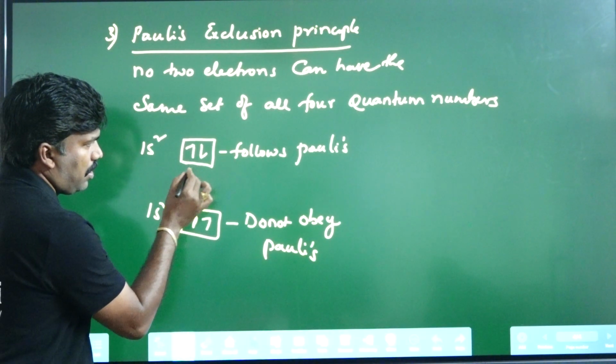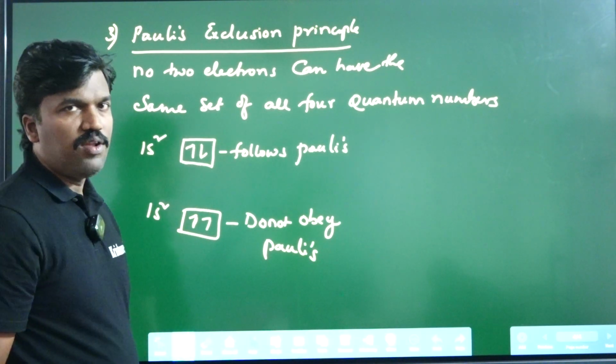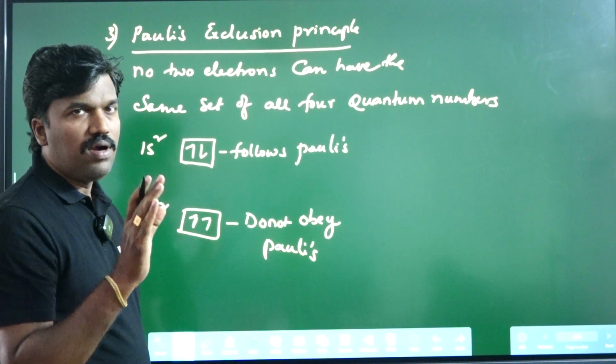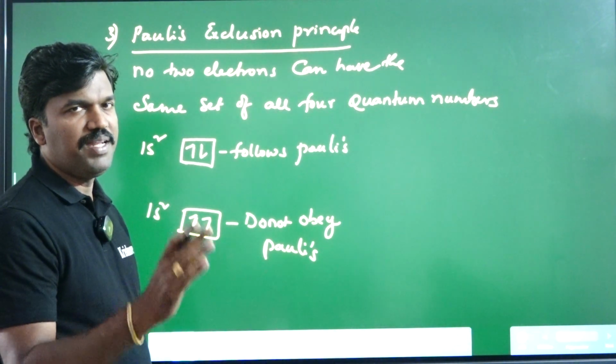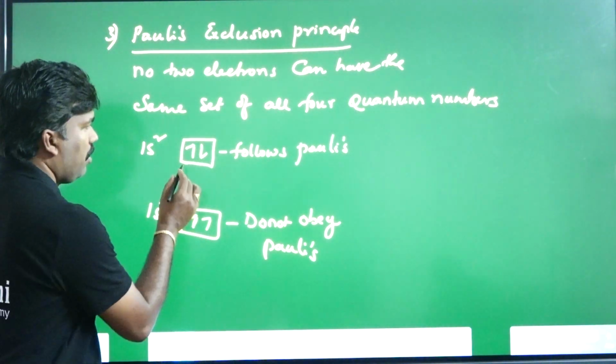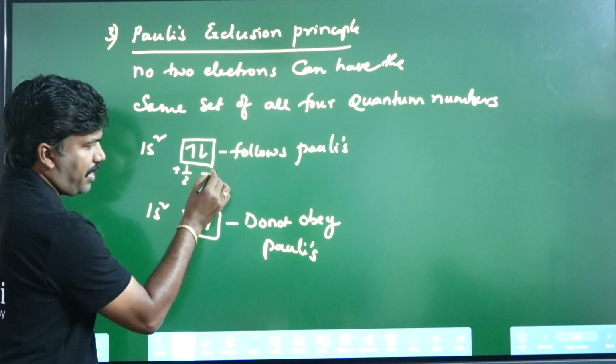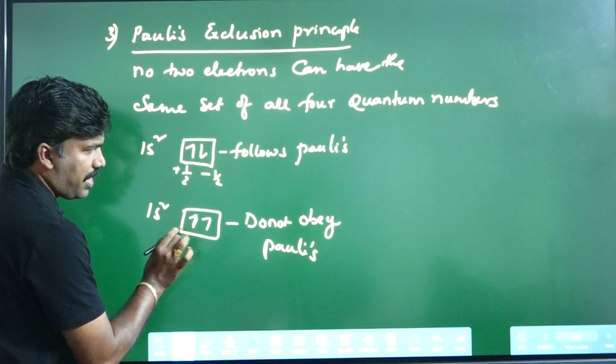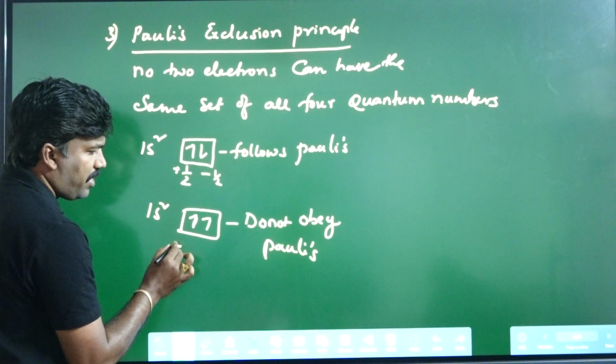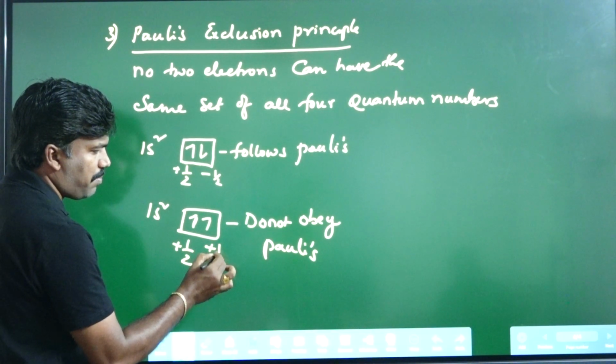Why? Because in an orbital, the only quantum number that differs is the spin quantum number. In this configuration, it is plus 1 by 2, then it is minus 1 by 2. In the second one, if it is plus 1 by 2, this is also plus 1 by 2.